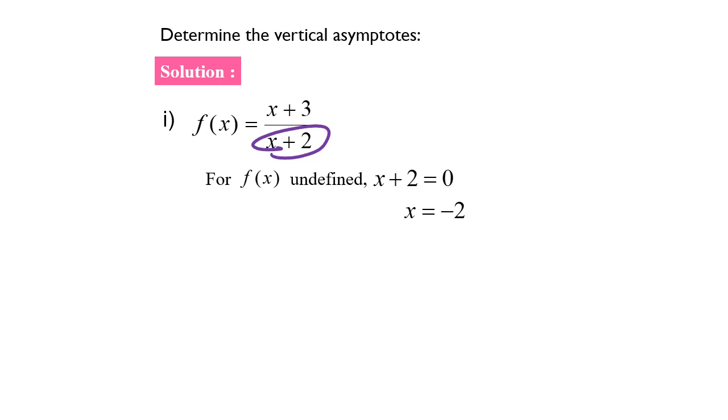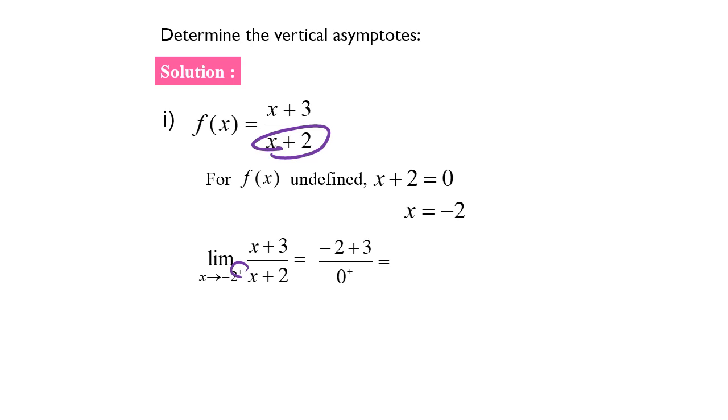How do we show it? We show that the limit of f(x) as x approaches negative 2 equals positive infinity or negative infinity. So let us find the limit of (x plus 3) over (x plus 2) as x approaches negative 2 from the right side first. It will be negative 2 plus 3 divided by negative 2 plus 2, which is 0.